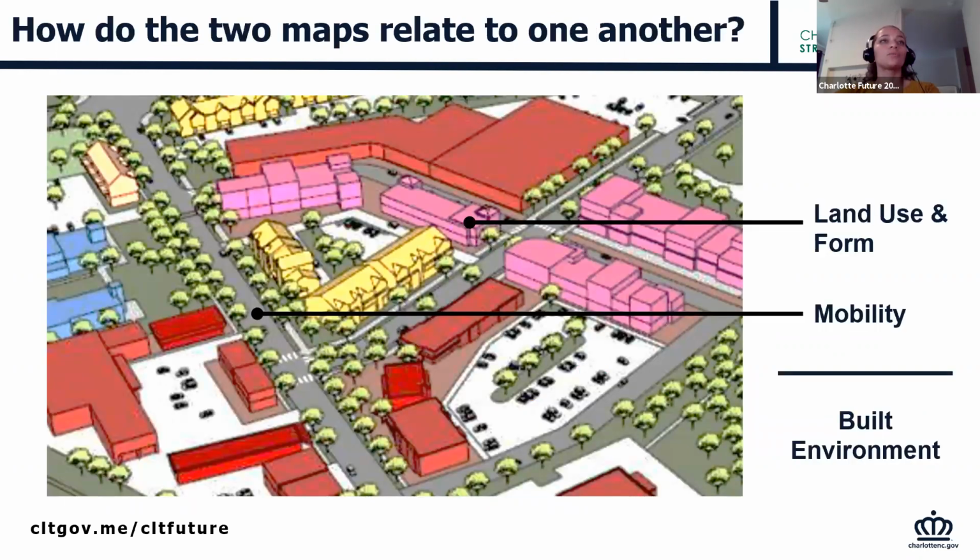So again, how do these two maps relate to each other? The 2040 policy map includes land use and form. And then the Charlotte Streets map includes mobility guidance. And this all is intended to inform the built environment.